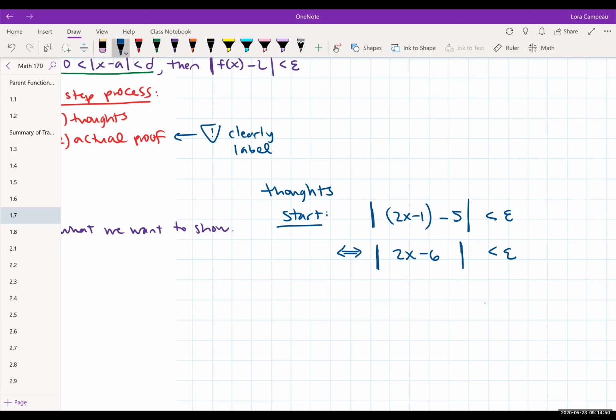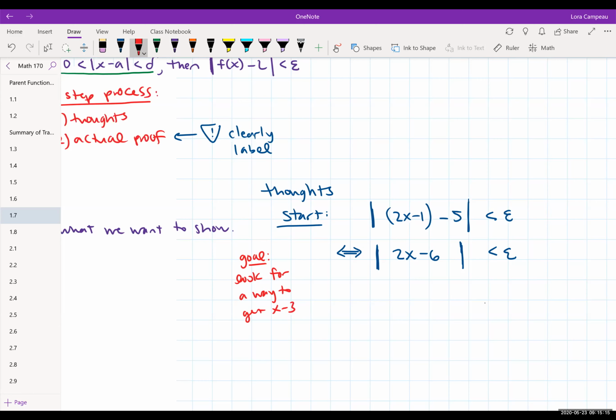So remember what our goal was. Remember our goal was to try to figure out how we can pull out, or look for, a way to get x minus 3.